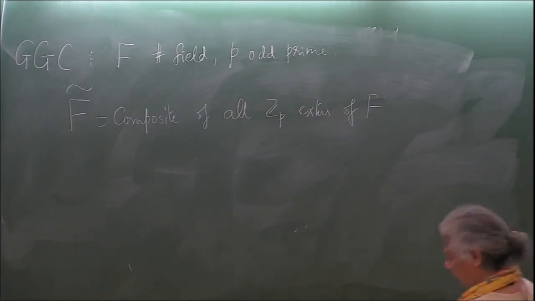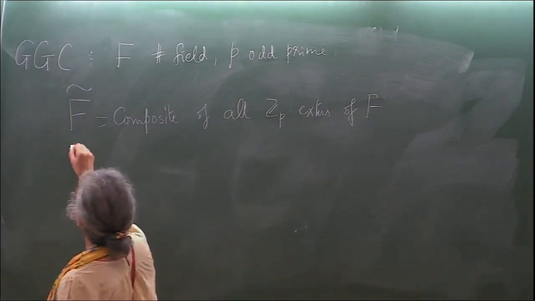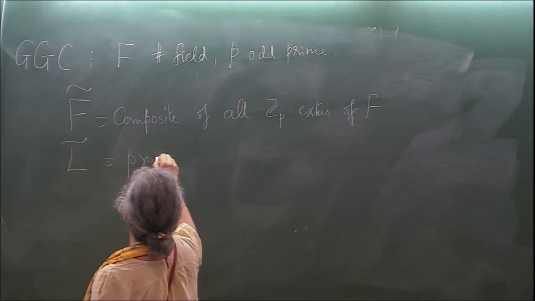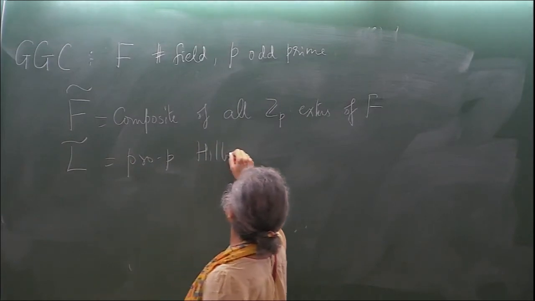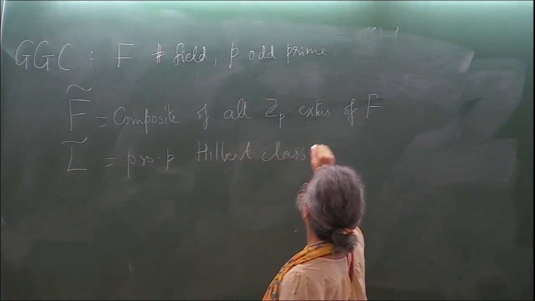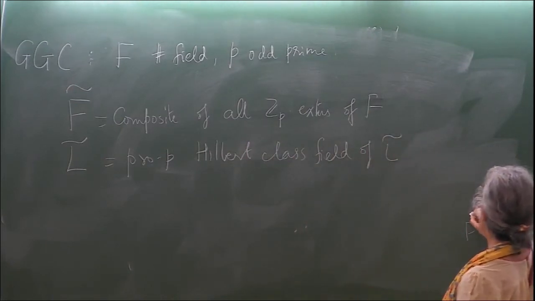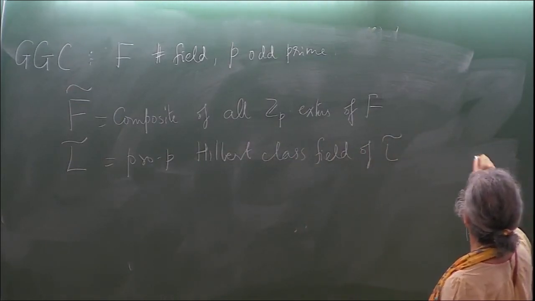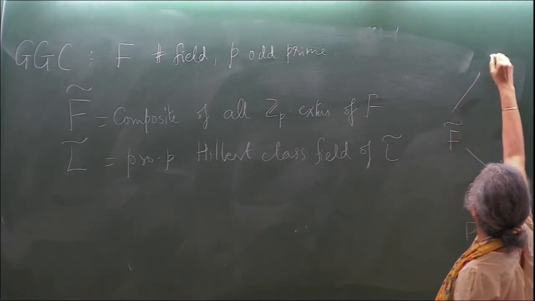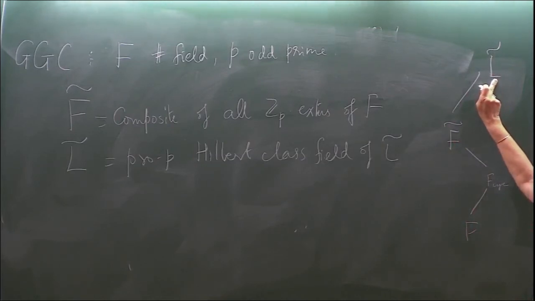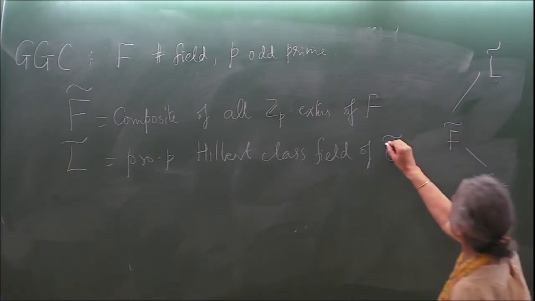Okay, so take the composite of all ZP extensions, and then you define, exactly as we did for the cyclotomic extension, the pro-P Hilbert class field of F tilde. So you have your F, you have F cyclotomic inside because it's one of the ZP extensions, you have F tilde, and then you have L tilde. This is the maximal pro-P abelian everywhere unramified extension of F tilde.